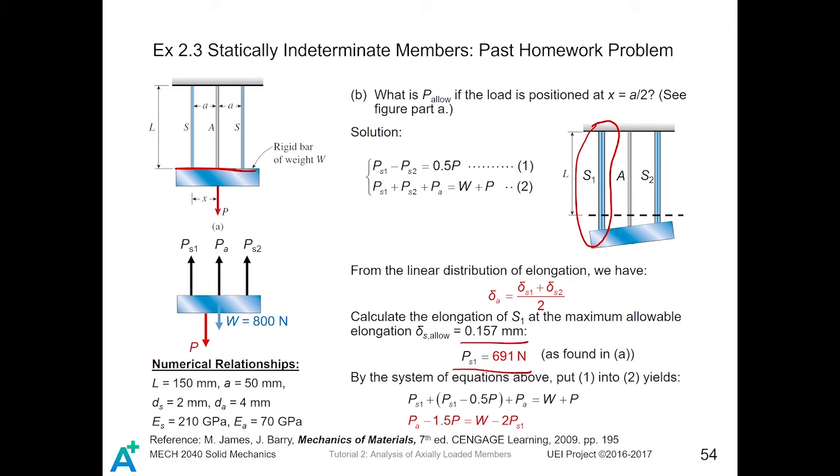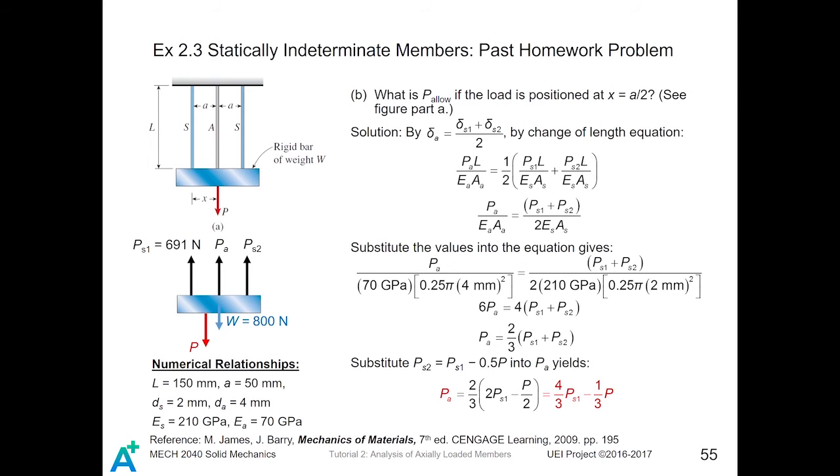Now we simplify the system of equations a little bit to get another equation. Notice that now PS1 is known, weight is known. Next, we have known that PS1 equals 691 newtons. Now we consider the equation of geometry. Then we apply the change of length formula and substitute into each change of length term of this equation obtained from geometry.